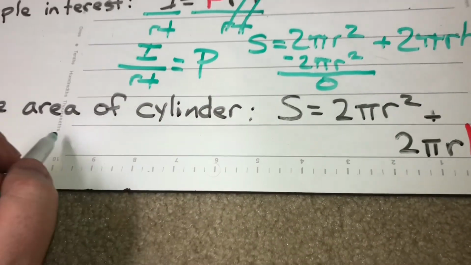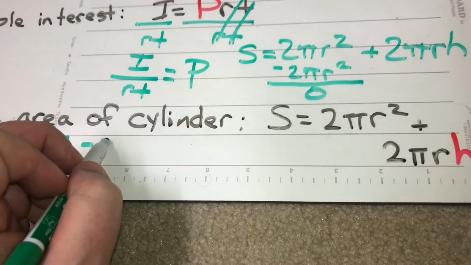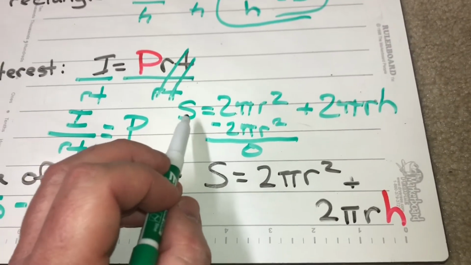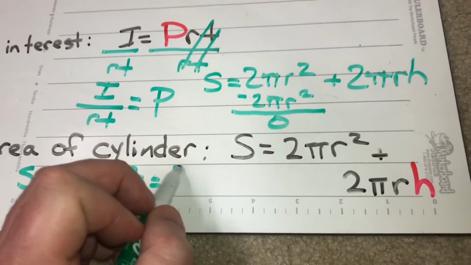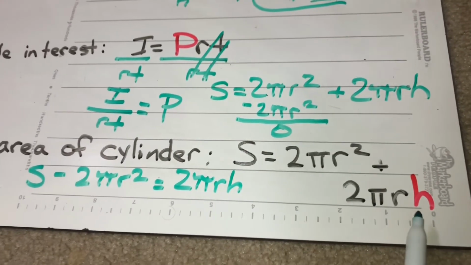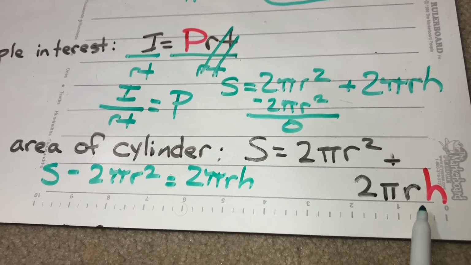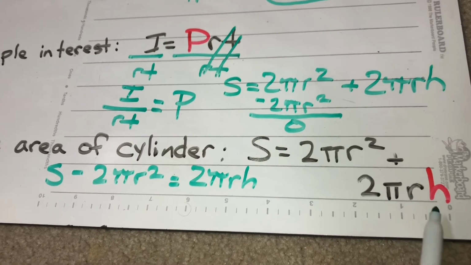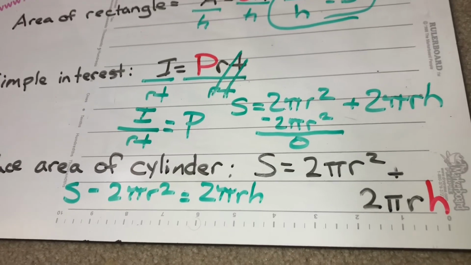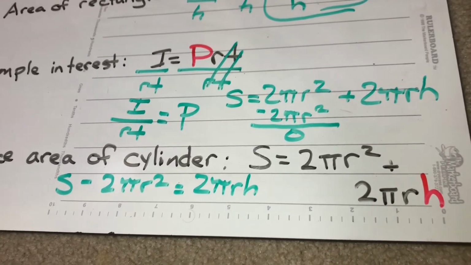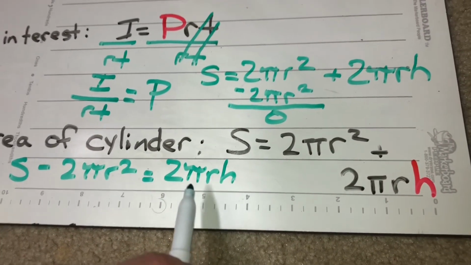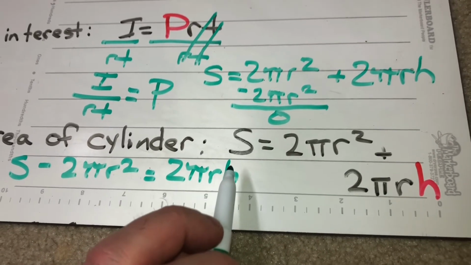So that's going to leave me with s minus 2 pi r squared, because I'm going to subtract it from the side with the s, equals what's left, which is 2 pi r h. Now remember, it's h that we're solving for. So I'm thinking, well, okay, if I have 2 pi r h here, what I want is h by itself.